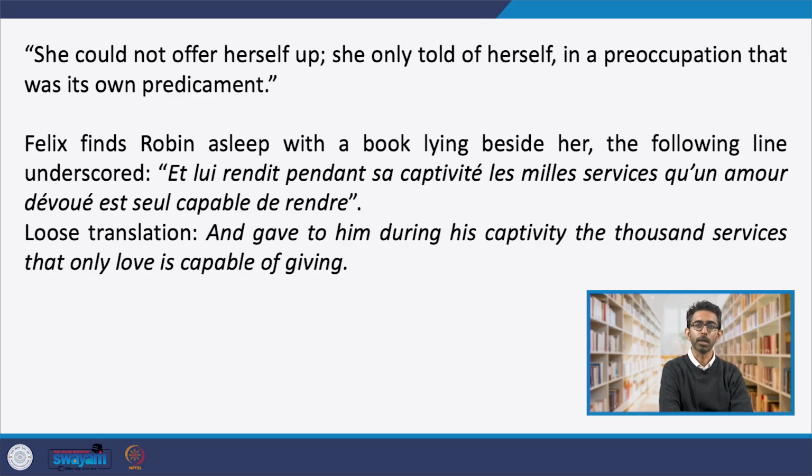So a lot to unpack here, but I'll talk about a couple of things and then move on. The first thing to note is that as the child is about to be born, Robin is full of thoughts of her complicity in a world with which she is not in sympathy. This is the first indication of the absolute cutoff and the absolute sense of alienation that Robin feels with regard to the world in which she exists.